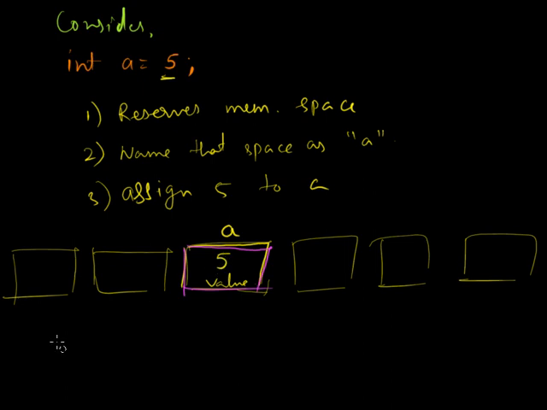Now you know that every memory location has an address. So all of these locations have an address, and this one also must have an address. Let us assume that this address is 65,000. This is the address, or it can also be termed the location number.